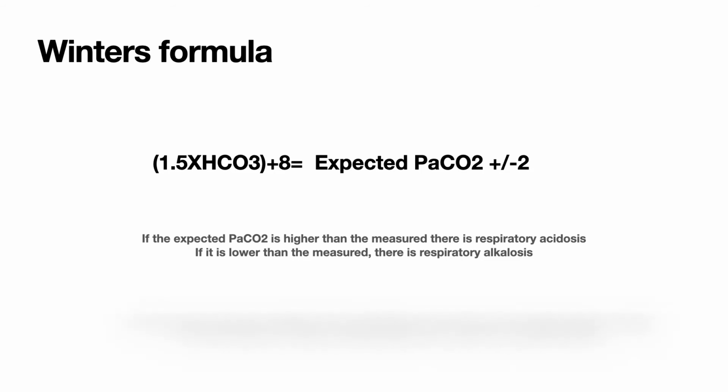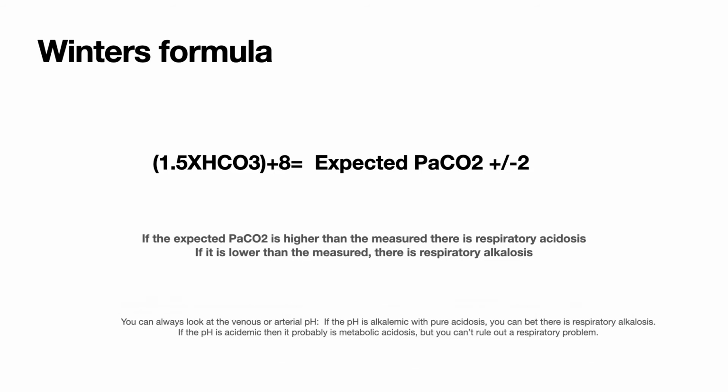Of course, you can always check the pH. Let's say that you have a patient who has anion gap, primary metabolic acidosis, and then you have a pH that is high. Well, then this patient has a respiratory problem.